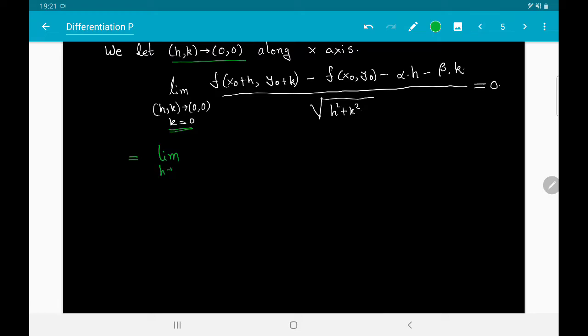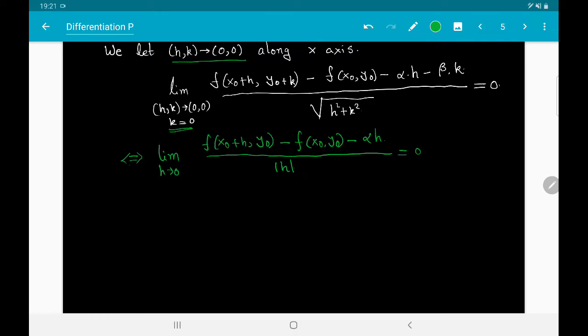So limit h tending to 0. This is equivalent to saying that limit h tending to 0 of f of (x0 plus h, y0) minus f of (x0, y0) minus alpha h, divided by modulus of h, because here we are always going to take the positive square root, is equal to 0.